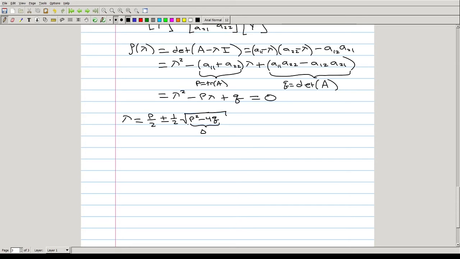So the idea here is that you can always write, and this is also something that is true in general for matrices, the trace of a matrix as the sum of its eigenvalues, and the determinant of a matrix can always be written as the product of its eigenvalues.